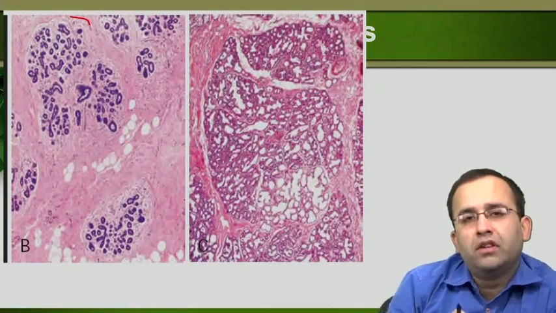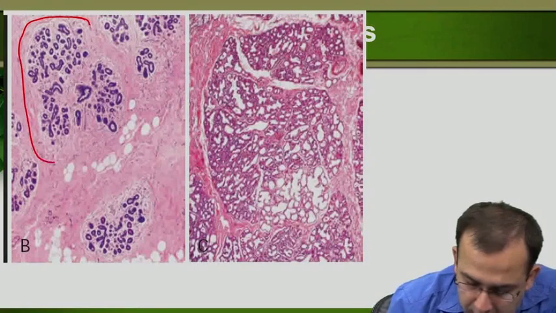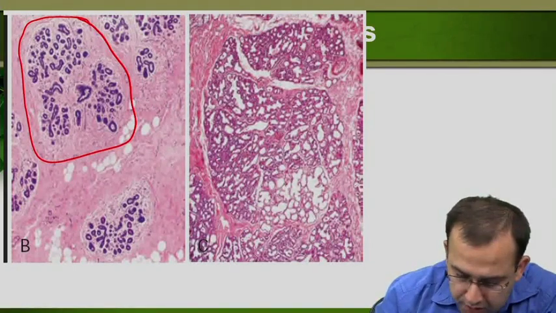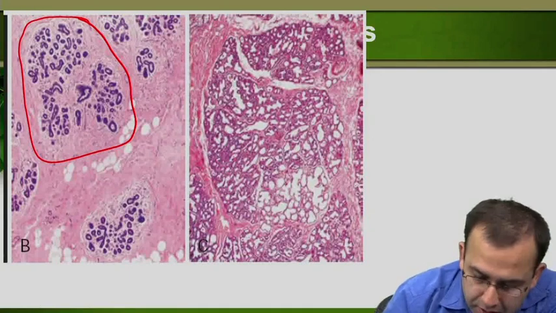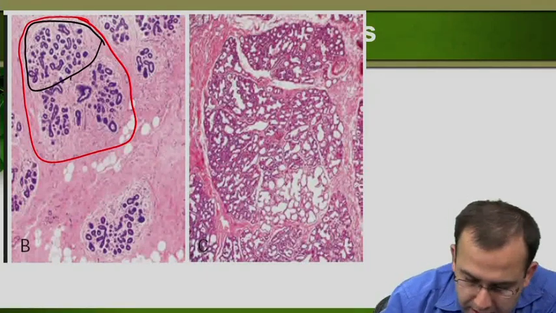Breast. This is a nice normal breast. What you see here is the presence of breast lobules with numerous acini.